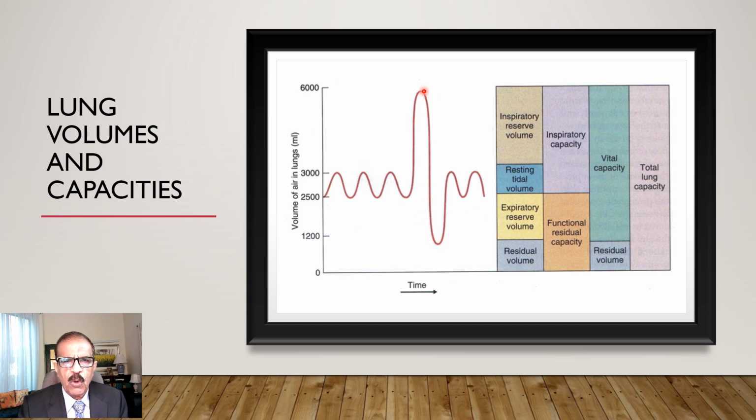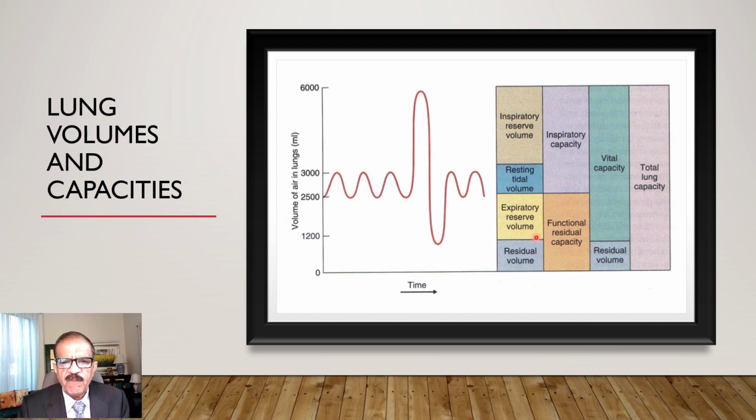The total of inspiratory reserve volume, tidal volume, and expiratory reserve volume is called vital capacity. In vital capacity, we allow the patient to take as much time as the patient wants. Usually time is not a restriction, so the patient continues to exhale, and is then usually able to exhale the maximum amount of air.